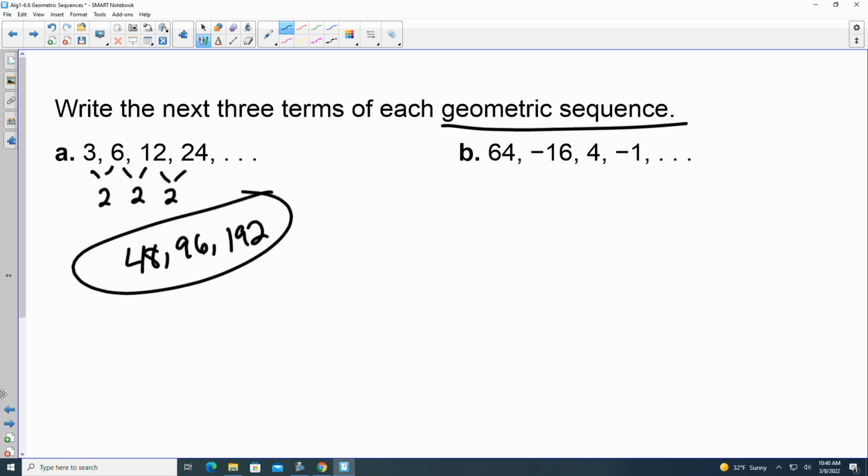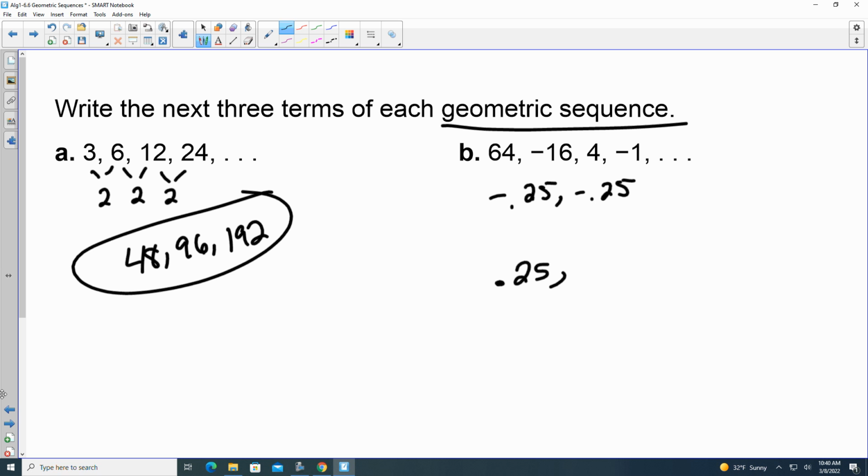Looking at example B, I got negative 16 divided by 64, which gives me a negative 0.25. 4 divided by negative 16 is a negative 0.25. So negative 0.25 is my common ratio. So I got negative 1 times negative 0.25. I get a positive 0.25 is my next term.